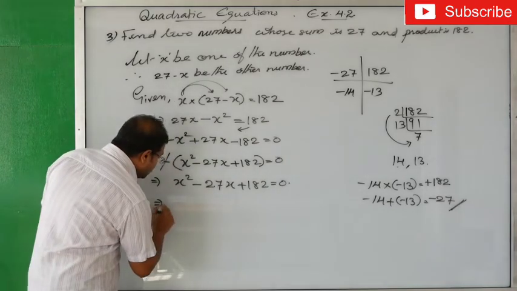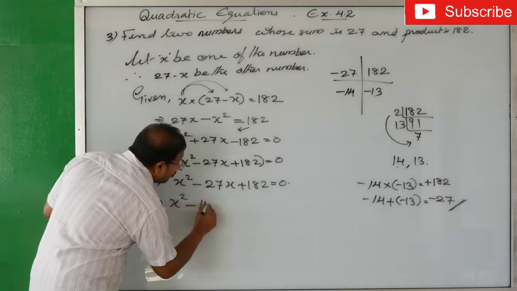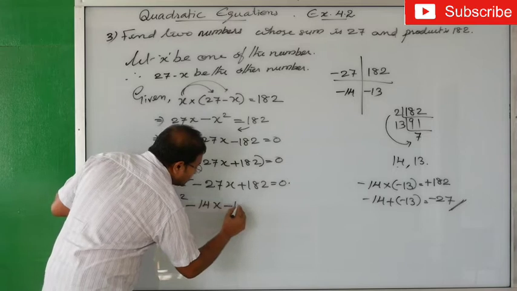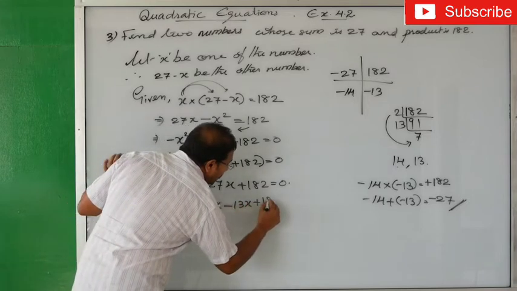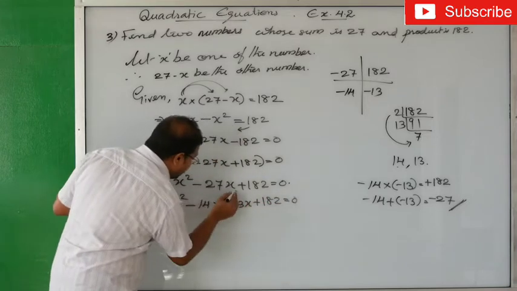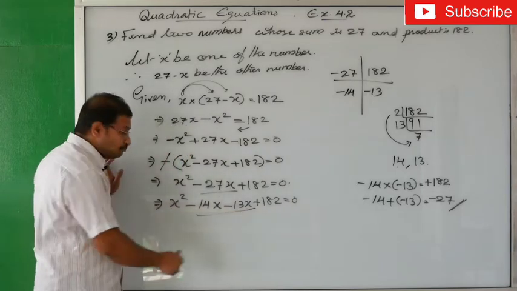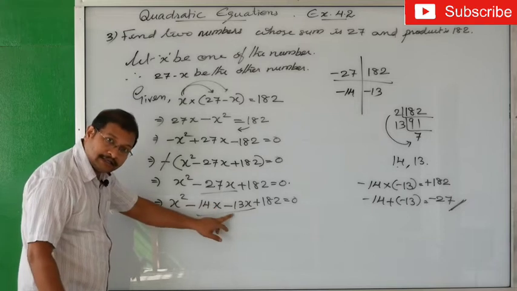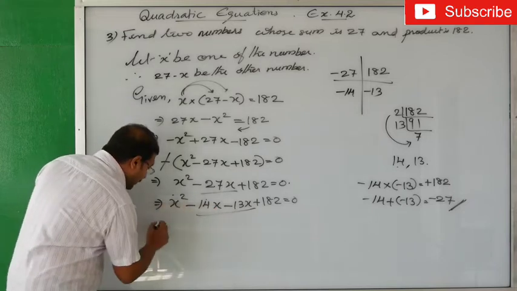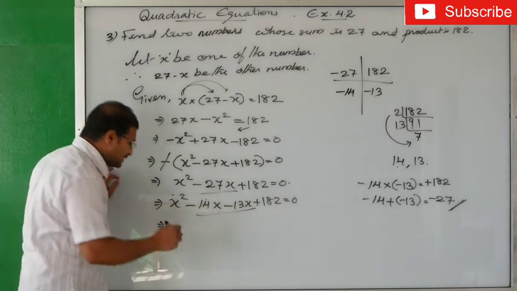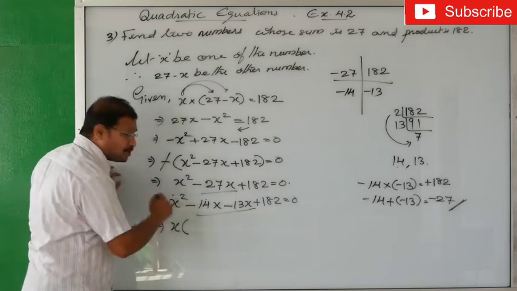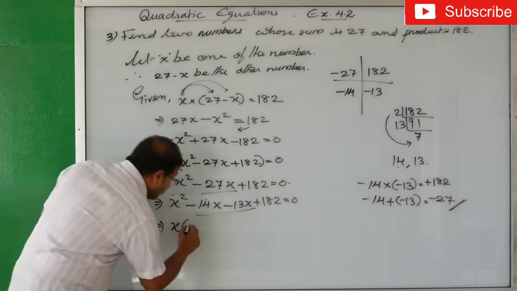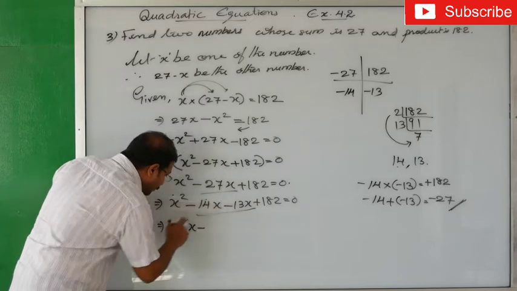This implies x square minus 14x minus 13x plus 182 equals 0, breaking the middle term. Minus 27 we will write as minus 14 minus 13. Now from these two, what will you take common? Yes. What is that? x bracket. x into how much will get x square? x minus 14x, we took x outside.